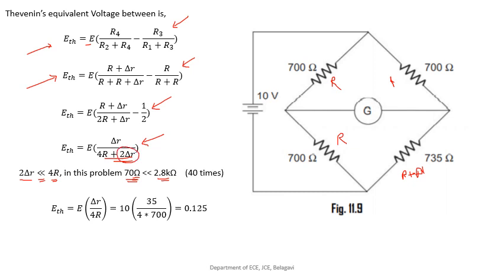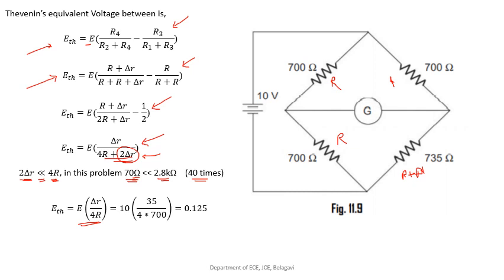This ignoring of 2 delta R is the approximation method. If you see the question, they are asking you to solve it by the approximate method. So we assume that 2 delta R is very small when compared with 4R; here it is 40 times smaller, and that is why we ignore that term and solve.